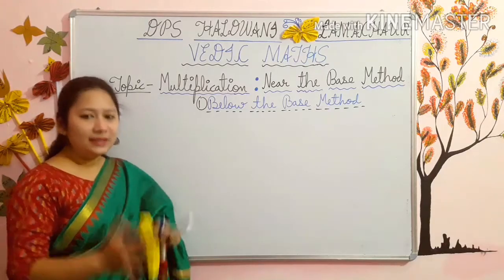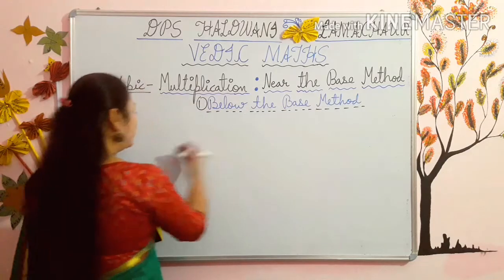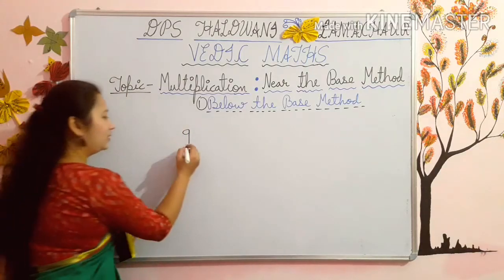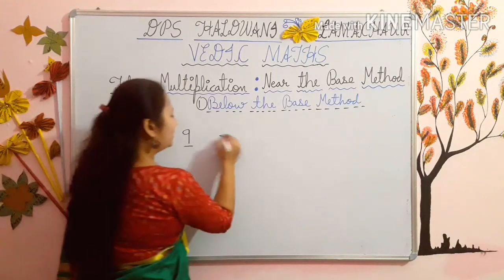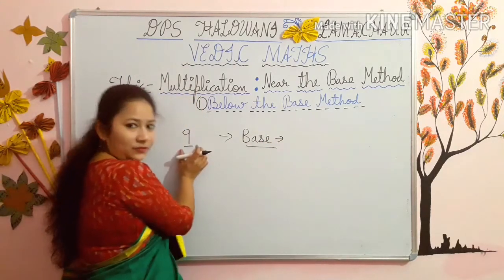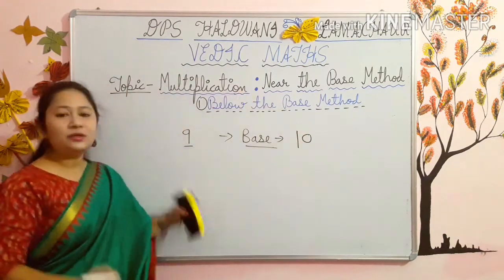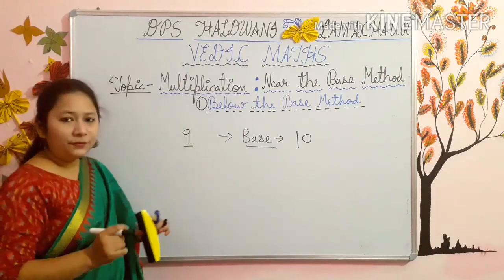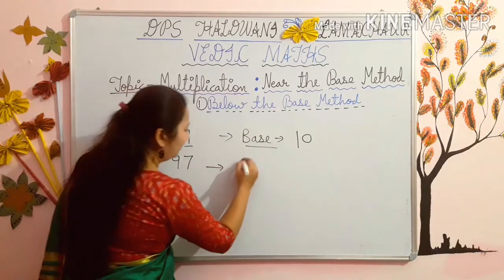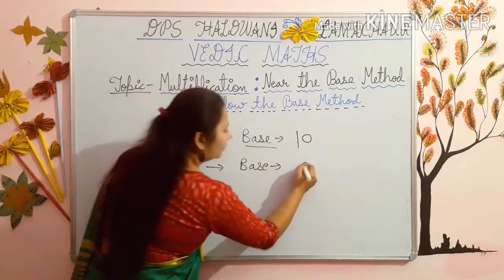Now first of all, I will tell you how you will take a base in this below the base method. See students, if your number is a one digit number, then your base will be 10, that is 1 and one zero. If your number is a two digit number, your base will be 1 and 2 zeros.